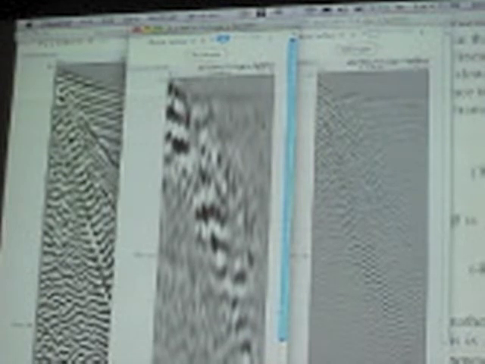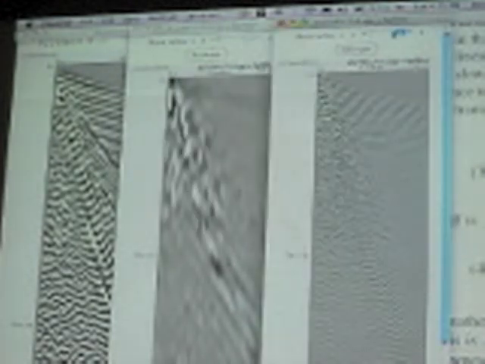And then we took a look at the surface wave in these records. There's a very coherent surface wave, very strong. It's the strongest part of the data set, but it has different, very distinguishable phase velocities at different frequencies.